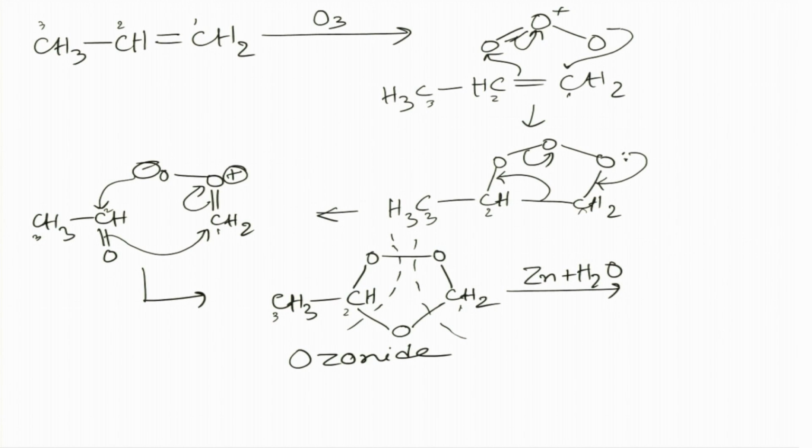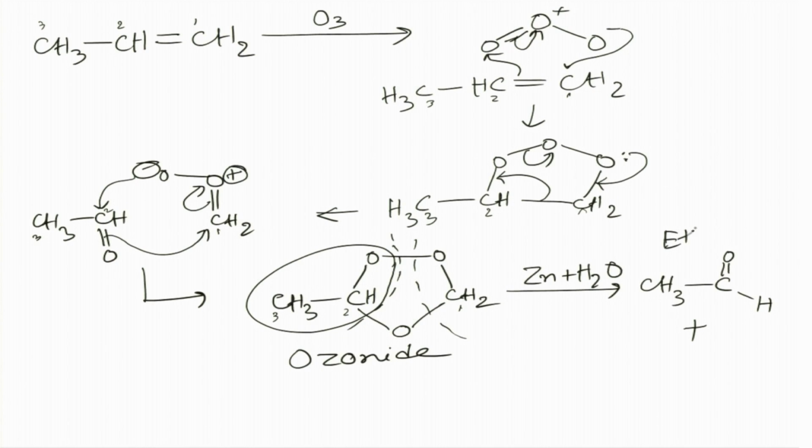So if we cleave it like this, this is one fragment, which can be written as CH3, C double bond O and one H. This is ethanal or acetaldehyde.